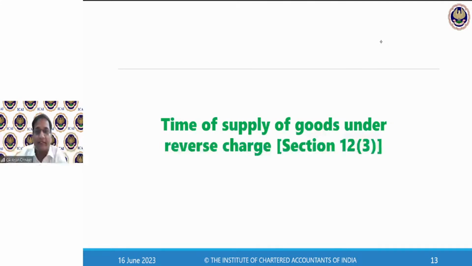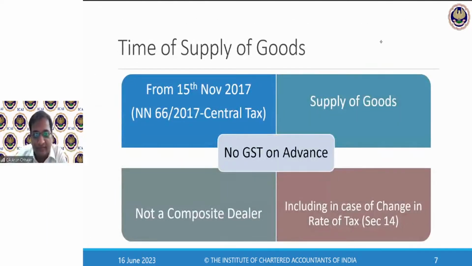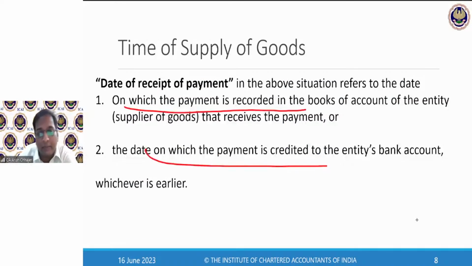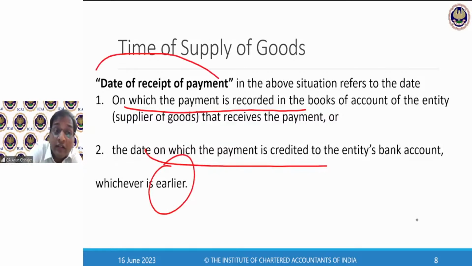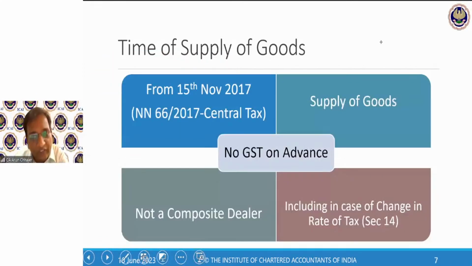So first point, why is it not being considered? Because of this notification. This notification says that you are not required to consider at all the date on which the supplier received the payment. Where we have discussed the date on which the supplier received the payment, this is the date on which the payment is recorded in the books or credited in the bank, whichever is earlier. But this is for the date of receipt of payment. After this notification, the date of the payment has been completely ignored.